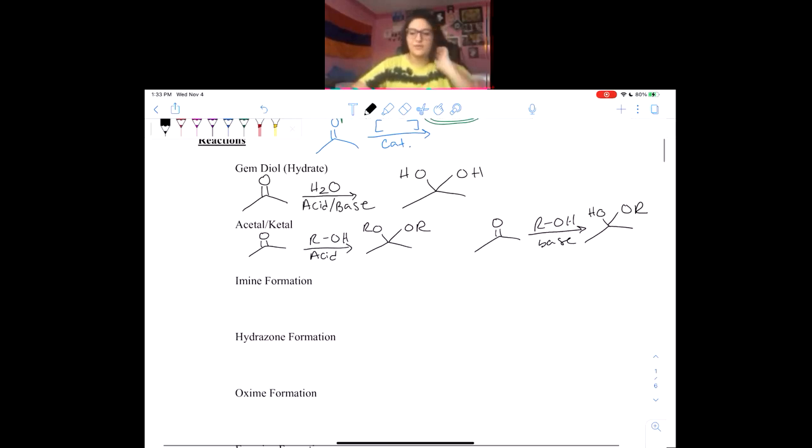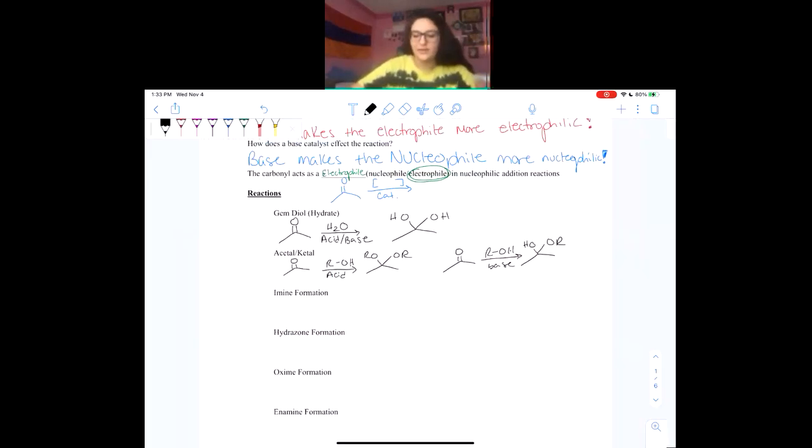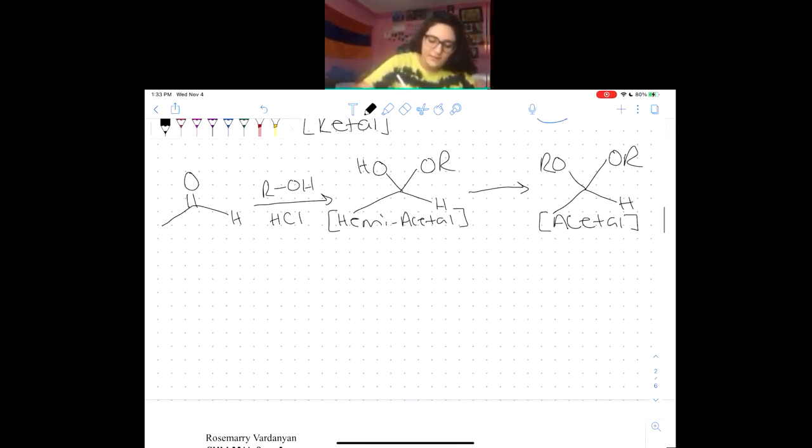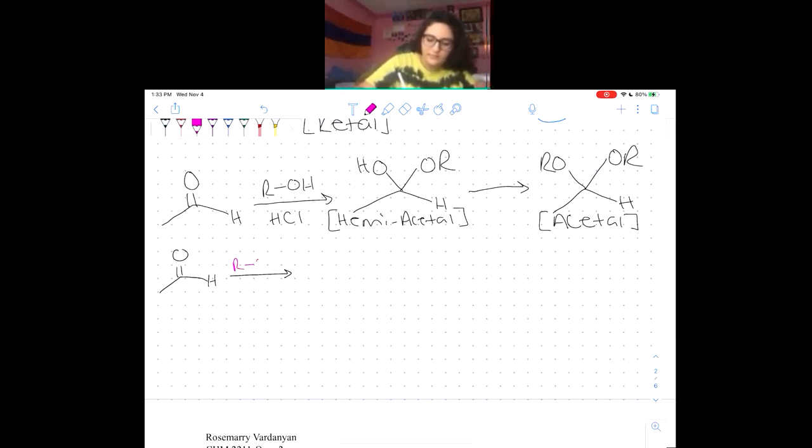And then someone asked, what would the base catalyzed reaction look like? So let's go back down here. So let's say we had an alcohol and like NaOH. In the first step, we are going to steal this hydrogen.